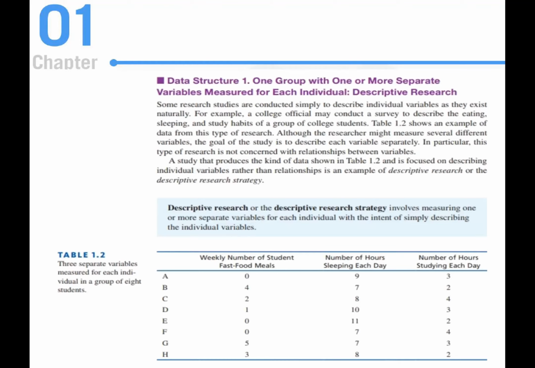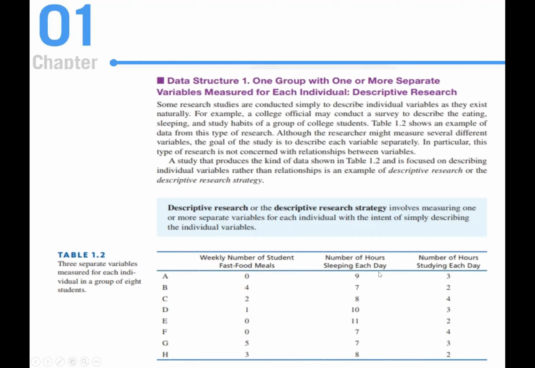So in this example, if you look at the bottom, the weekly number of student fast food meals, we have 9 people in our study, and we looked at 3 different kinds of variables. One is the weekly number of student fast food meals, and we found out how many fast food meals each person in our study had that week.